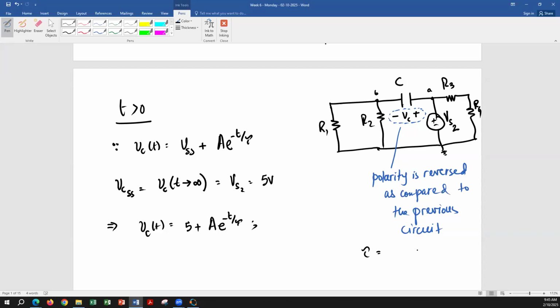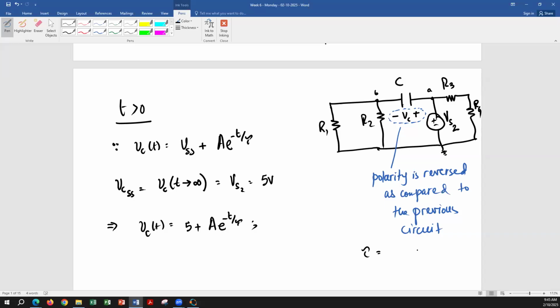Explain that as well. Very good, excellent. Because VS2, remember, you're removing VS2. That means you're shorting VS2 out. So that short circuit will be in parallel with series combination of R3 and R4. That means R3 and R4 in parallel with short circuit is just going to become a short circuit. So R3 and R4 will be gone from the circuit because they are in parallel with the short circuit.